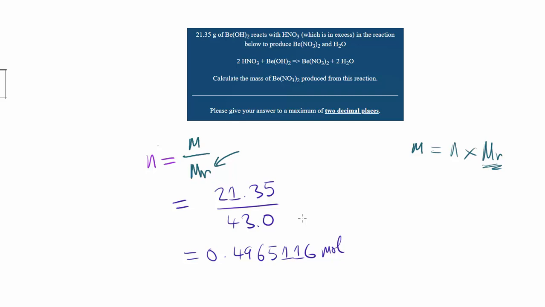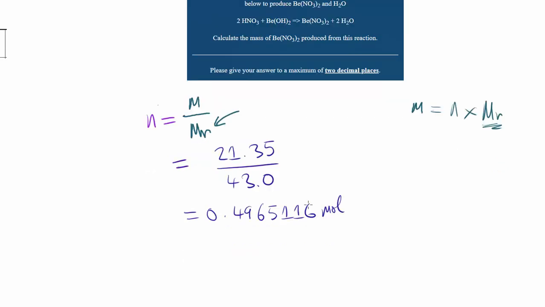And if we look at this and relate it back to the actual equation, when we compare the moles of Be(OH)2 with the moles of beryllium nitrate, Be(NO3)2, you can see that in both cases the coefficient, even though there's not one literally written there, is 1.